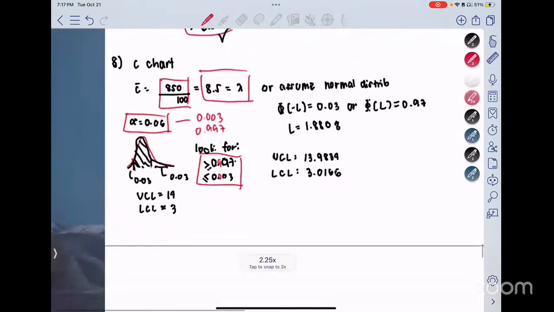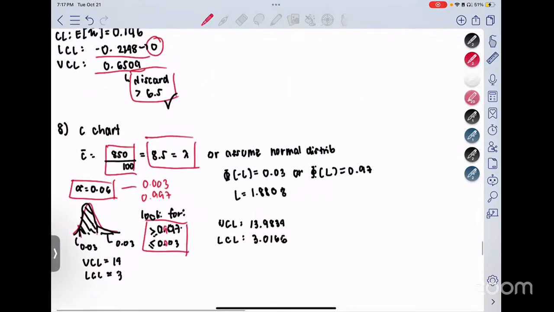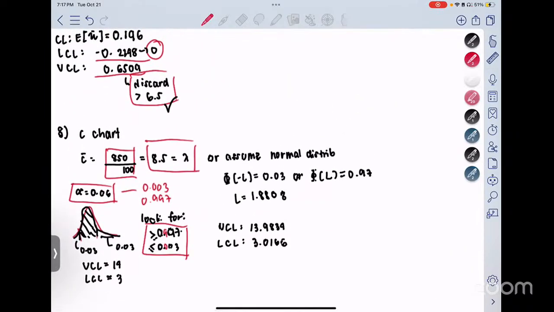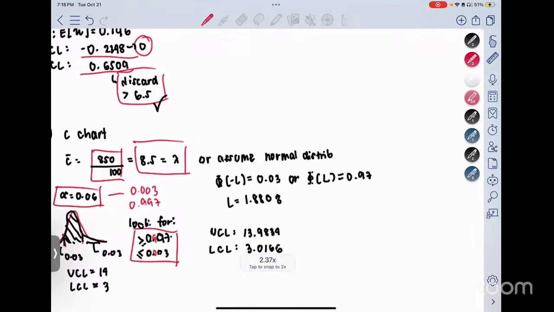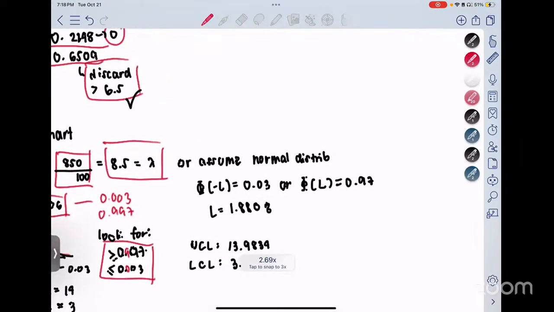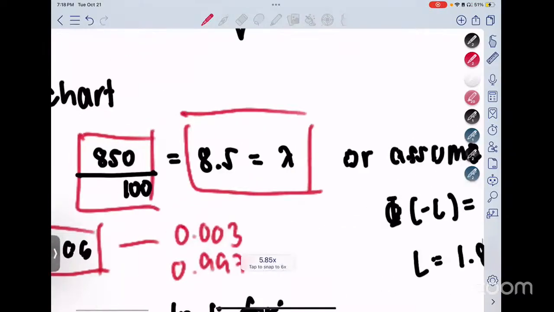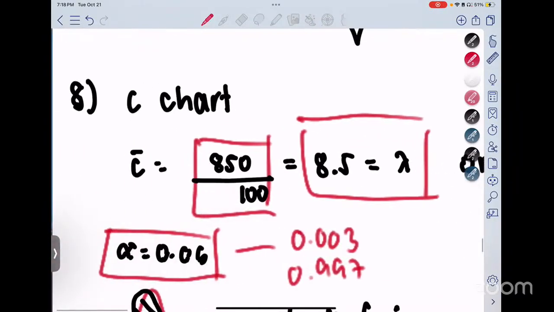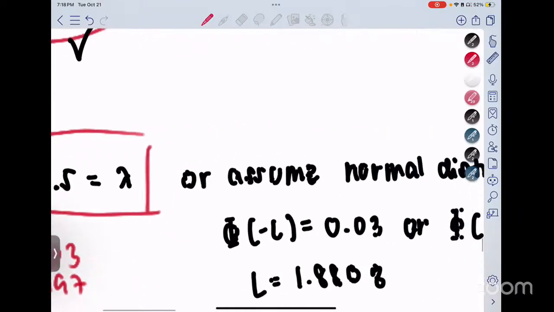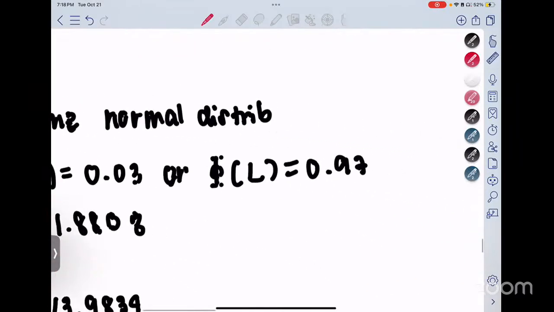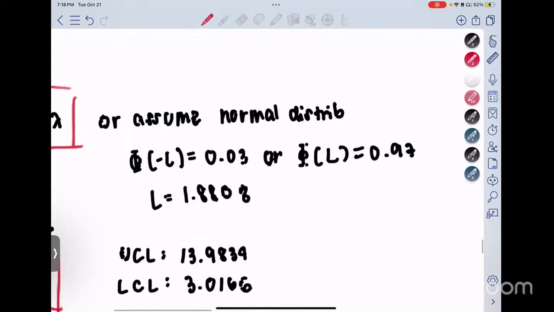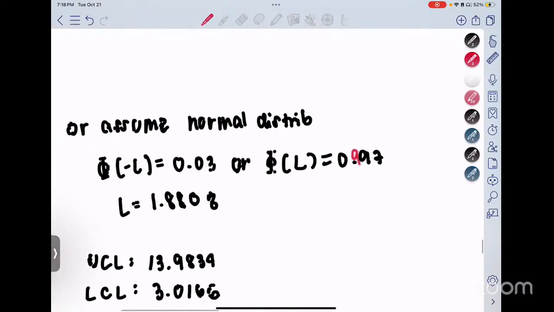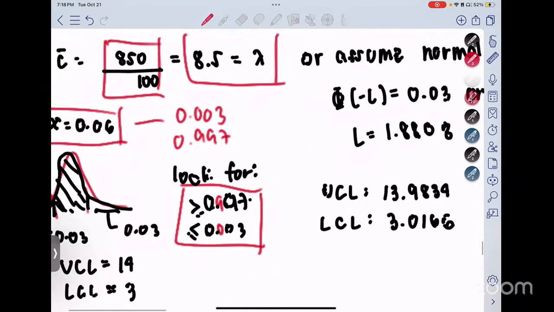So that's essentially your defects. Alternatively, you can also assume a normal distribution because for certain values of Poisson, you can estimate it as a normal distribution. So in this case, it's the same process, 0.003, 0.997, sorry, 0.97 lang pala.